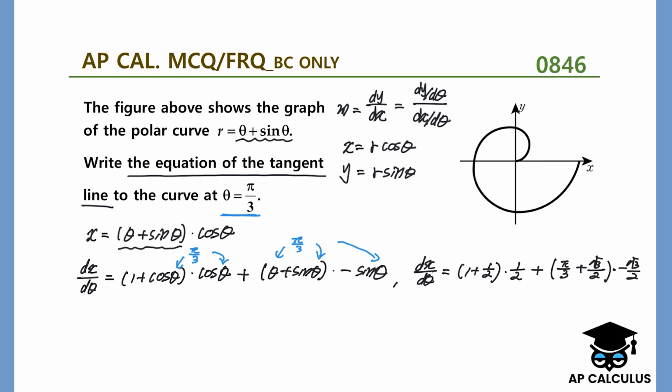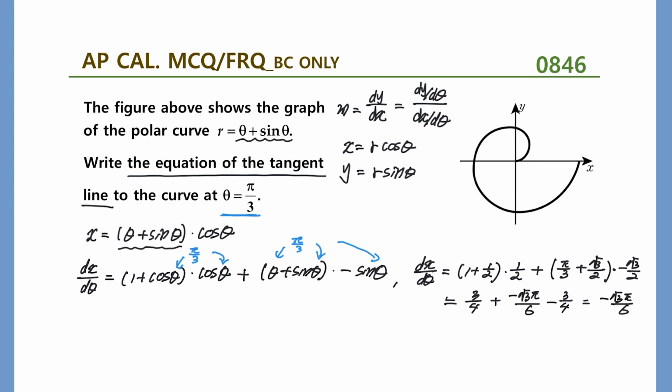Right? So if we simplify this, that's going to be equal to 3/2 times 1/2, 3 over 4, plus, that's negative root 3 π over 6, minus 3 over 4. So that's going to be equal to negative root 3 π over 6.